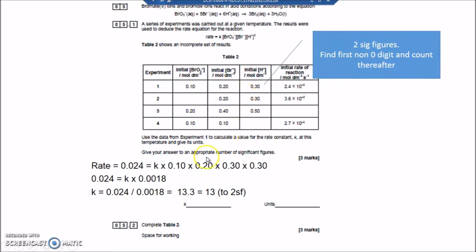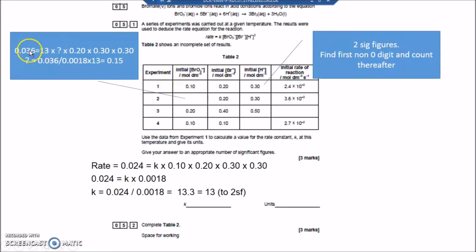Complete table 2. Now that I've got K, I can just work out the missing amounts. So rate equals 13, which is my K. It says they're all carried out at a given temperature, so the temperature is not changing. K only changes if you change the temperature, so if the temperature is staying the same, then K is going to stay the same at 13 throughout the whole experiment.